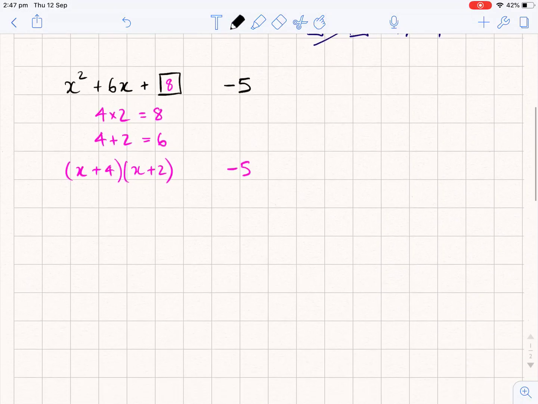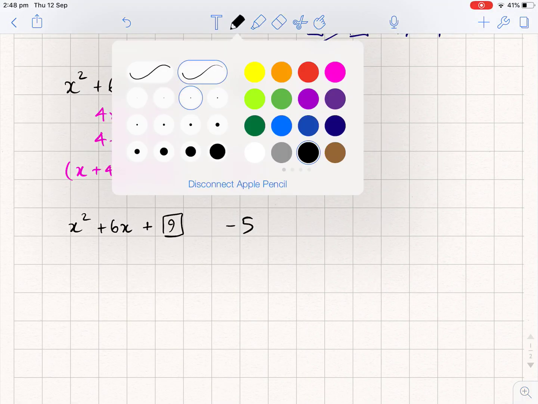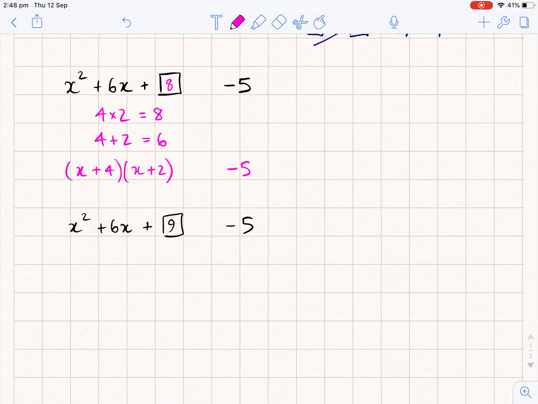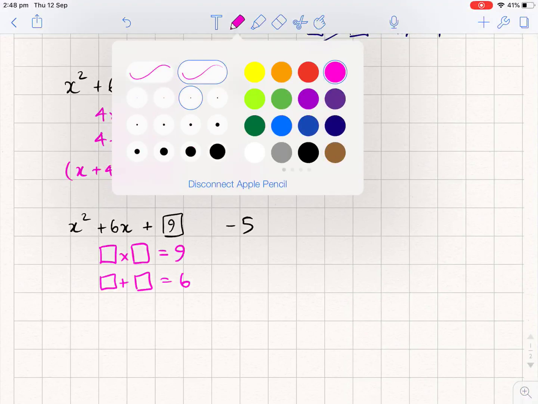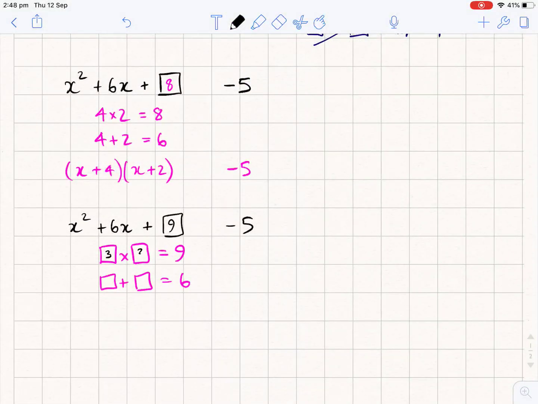So let's consider another possibility. The idea of completing the square is to choose quite a specific number on the end here that makes this equation a little bit easier. And the number that I want to look at is actually 9. My reason for choosing 9 is that when I look for two numbers that multiply to equal 9 and add to equal 6, what I end up with is 3 times 3 and 3 plus 3.